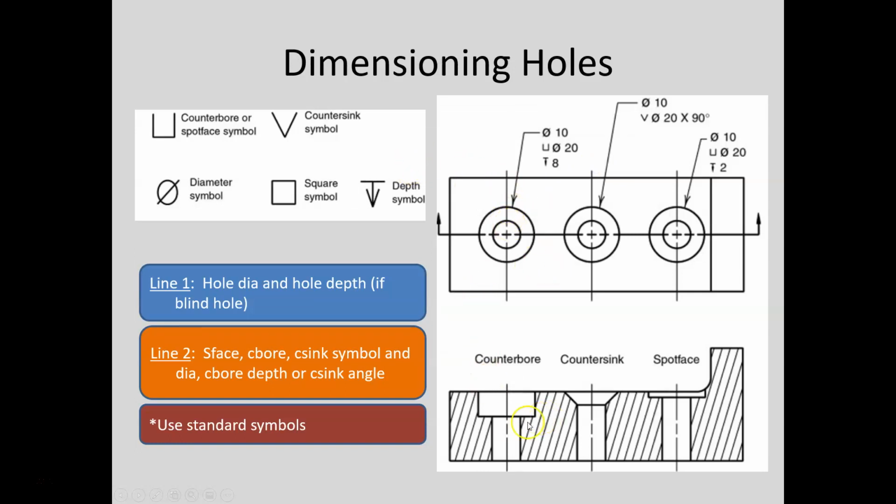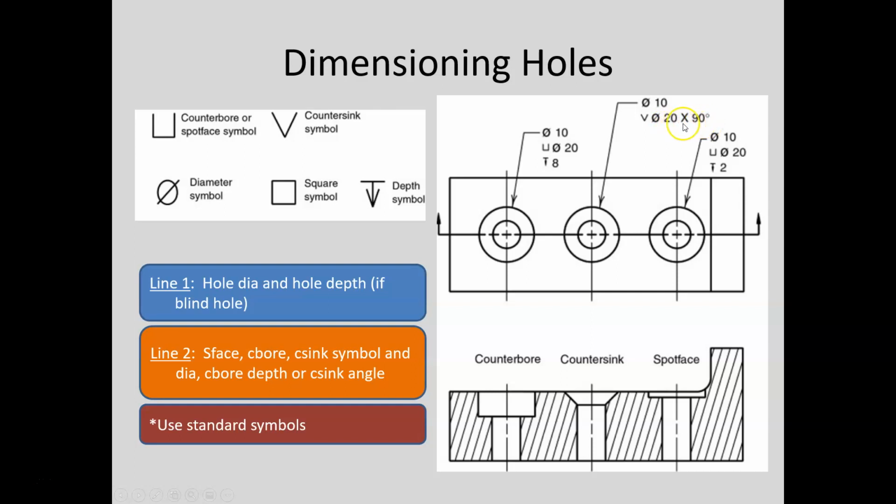Here's an example of a counterbore hole, diameter 10, counterbore diameter 20, depth 8. So this diameter across here is the diameter 20. This is the diameter 10. The depth 8 is the depth of the counterbore. The countersink symbol, diameter 10, countersink diameter 20, and 90 degrees by 90 degrees.